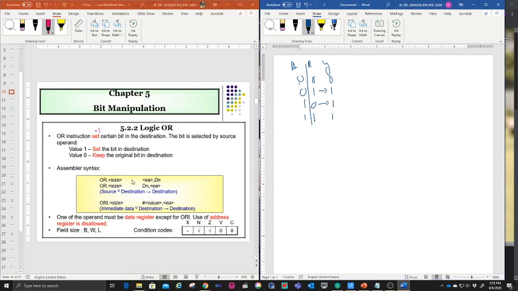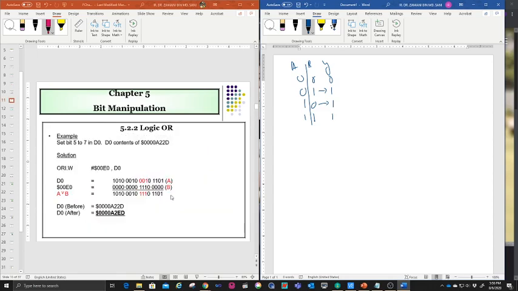Okay, same assembly syntax: the size, effective address, comma, destination, or the size, address or destination, data registers to effective address. The OR immediate also has the value here to the effective address. So let's look at the example that we have.